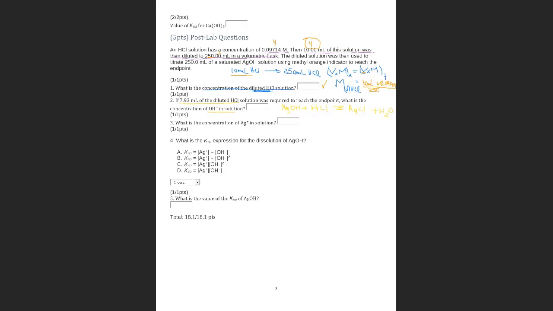So this is the equation, and what they are saying is how much they titrated, let me write with another one, 250 mL of this solution, it's written here, was then used to titrate 250 mL of saturated silver hydroxide. So we know the volume of the sample that we are titrating, right? And then what else we know?